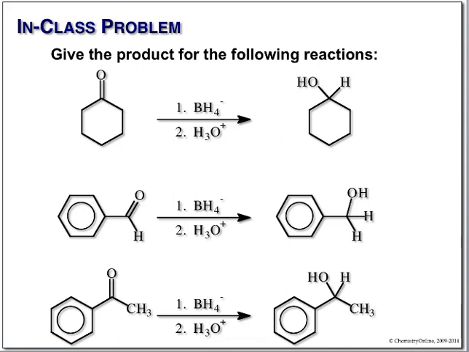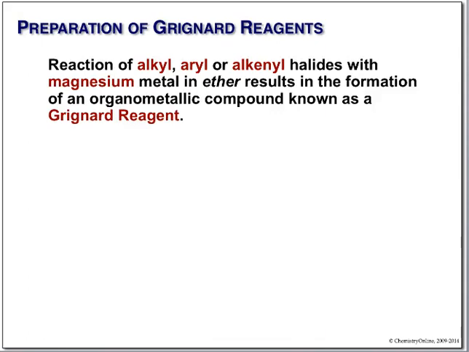All right, let's move on to Grignards. In our last chapter, we dealt with organometallics, and we were introduced to the concept of a Grignard reagent. Organometallic reagents are very useful, very powerful in organic chemistry.